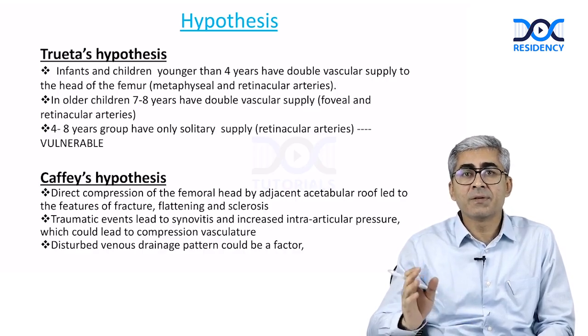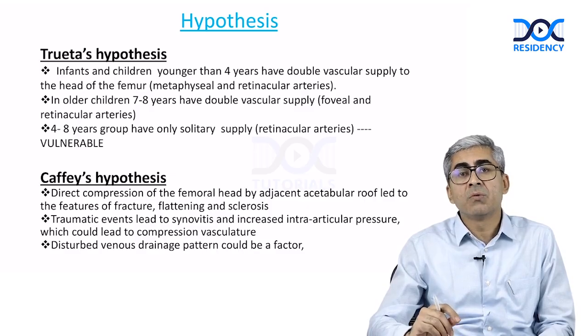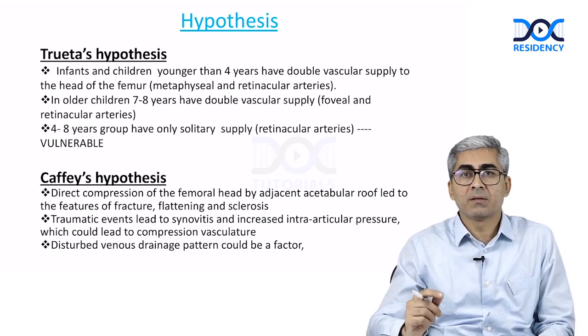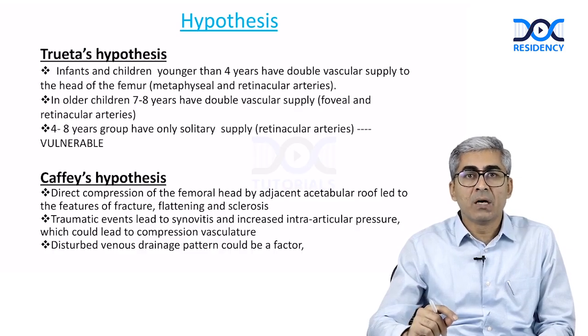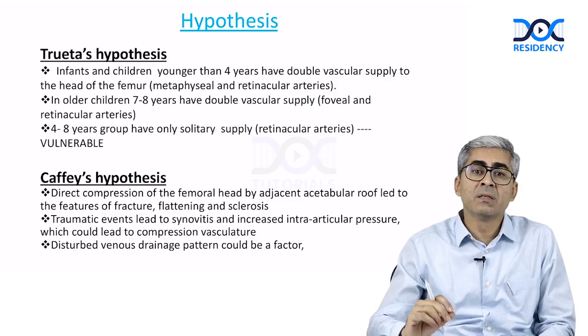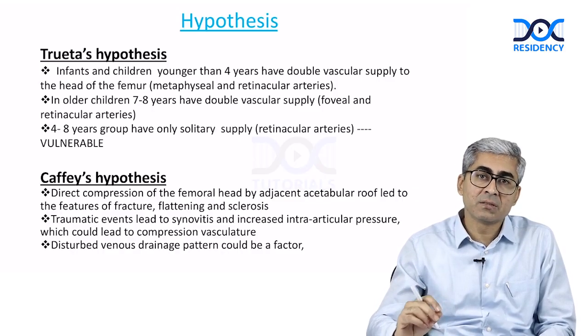And then there is Caffey's theory, which proposes that there is a compression of the femoral head, and that leads to vascular compression. It also suggests that a micro trauma event could lead to this vascular compression and synovitis in the joint, which can also cause the vascular compression. And some propose that there is a venous drainage problem, which is disturbed, and that's why this happens.